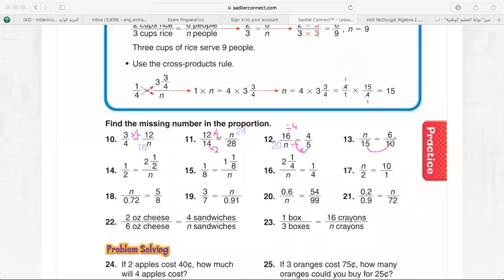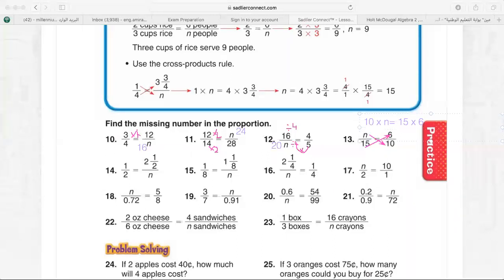A kind of hard way. What am I going to use? I'm going to use the cross product way. So I will say 10 multiplied by n is equal to 15 multiplied by 6.